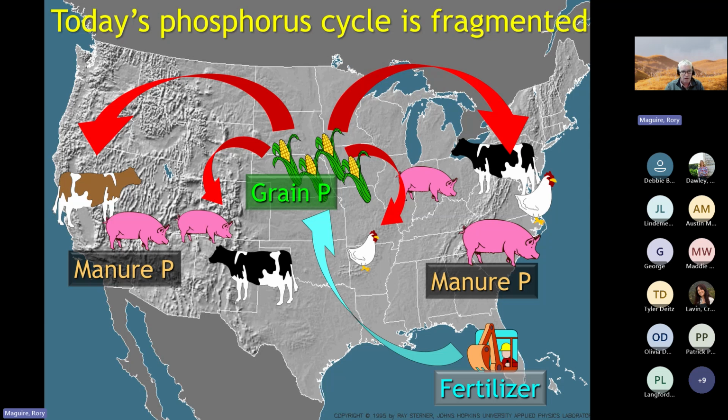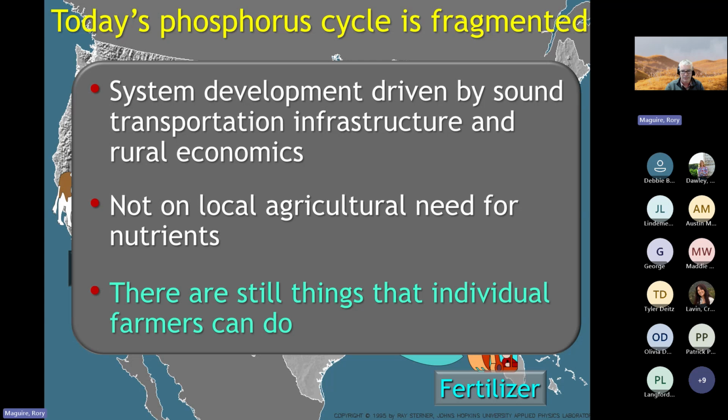So the economies of scale really drive where manure is produced, not agronomics. The system we have was developed by economics, not on the need for those manure nutrients. But there are still things we can do and things you can tell farmers to try to help them meet nutrient management recommendations and regulations, without getting into economic issues.